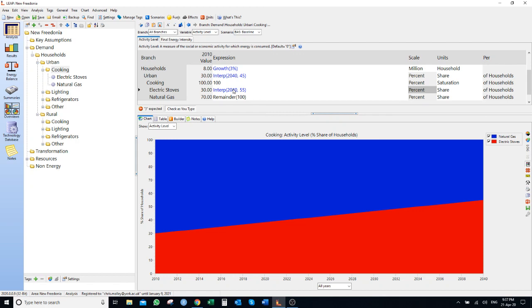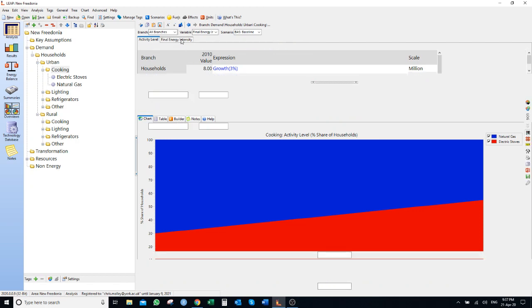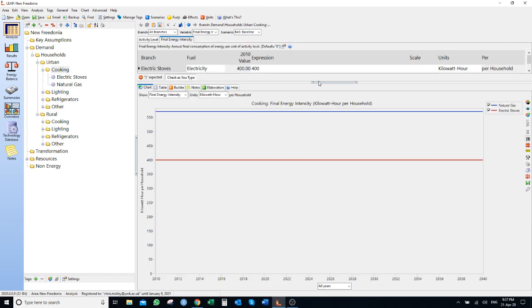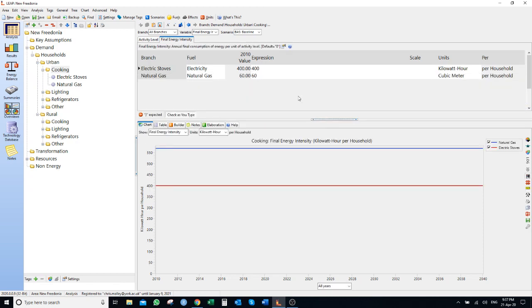The energy intensity of electric and gas stoves is expected to decrease by 0.5% every year due to the penetration of more energy efficient technologies. So the energy intensity, how much energy we consume for these stoves, is expected to decrease by 0.5% every year.